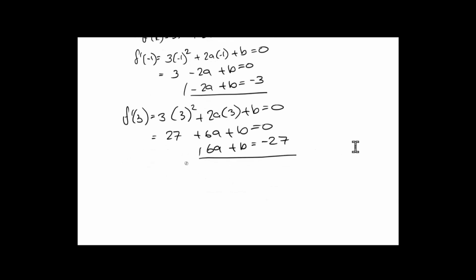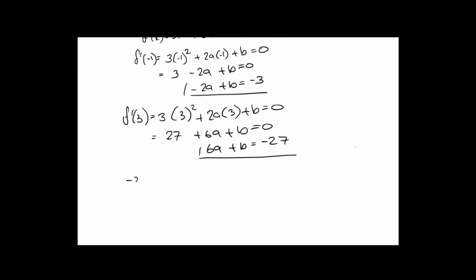So 3 squared is 9. 9 times 3 is 27. Plus 6a plus b equals 0. And I'm going to bring that 27 over. So 6a plus b equals negative 27. So now we have 2 equations and 2 unknowns. So let's do those in the simultaneous equation.